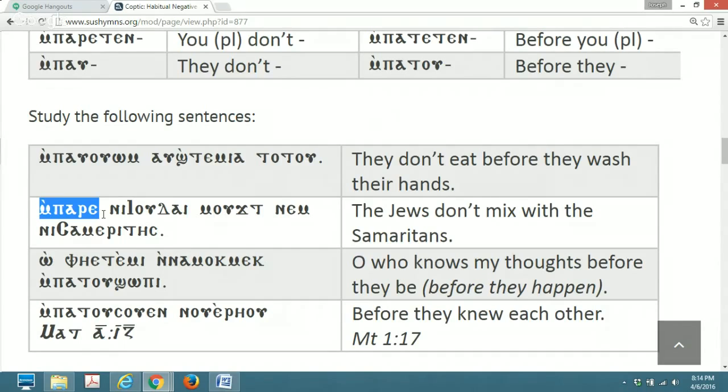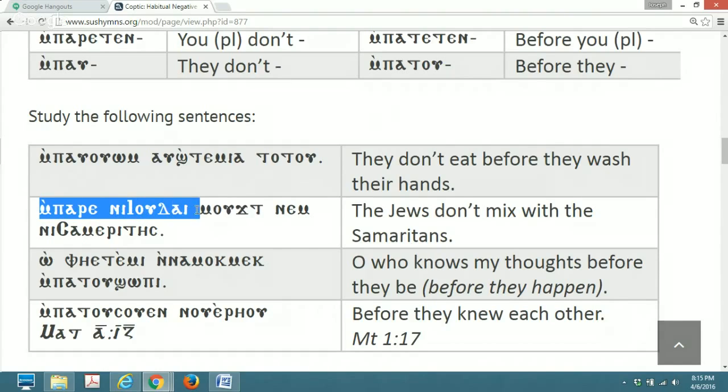Empare, again, this is the full form or the pre-nominal form instead of the pre-pronominal form of this tense, because we're not prefixing it to this pronoun, but we're now prefixing it to this whole noun. So that's why it's nominal instead of pronominal, or in other words, noun instead of pronoun. So empare ni Judai: the negative of the habitual, the Jews. So the Jews do not mogt. What's mogt? Mogt means to mix or mingle.